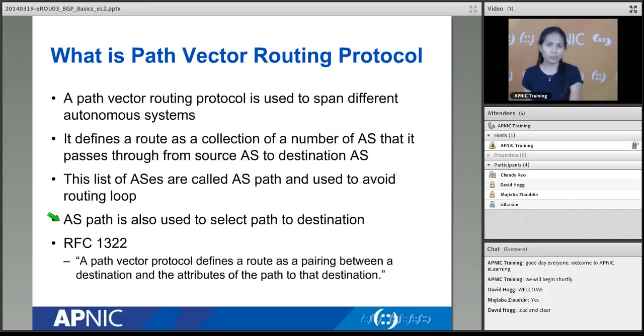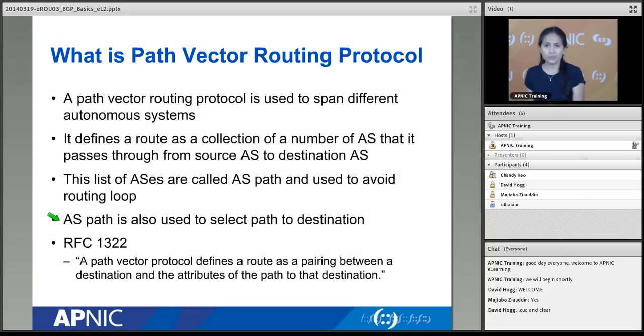Path vector protocol works between autonomous systems. The important thing to note here is that path vector protocol relies on the AS path. It creates a route, a sort of direction of autonomous systems that your data will have to traverse from the source going to its destination network. As I've said, it's somewhat similar to distance vector.